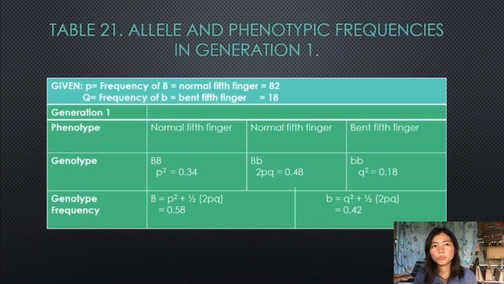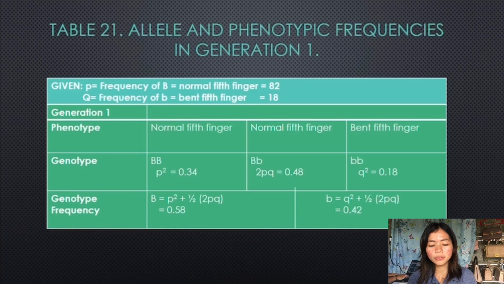Then we take the square root of both sides to find Q, which is 0.42. To find P, we subtract: 1 minus the answer of Q, which is 1 minus 0.42, and the answer is P equals 0.58.